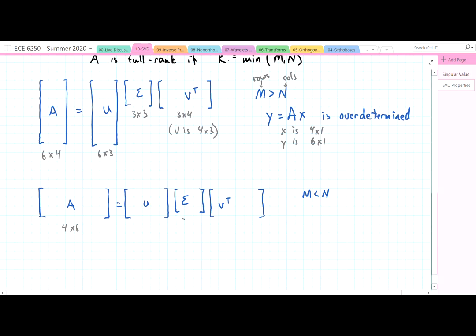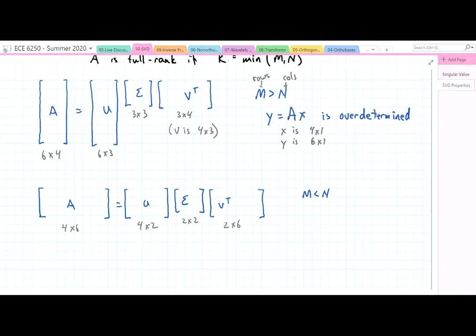Then that's 2 by 2. And so V transpose would have to be 2 by 6. And this would be 4 by 2.